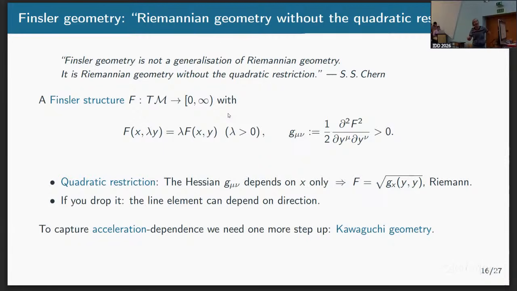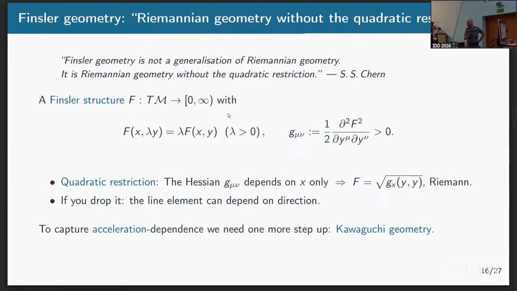So in this sense, if you relax this condition, you get Finsler. It's Riemann without the quadratic constraint, without imposing that what in Riemann becomes the metric depends only on the position. It can also depend on the direction, on the velocity.